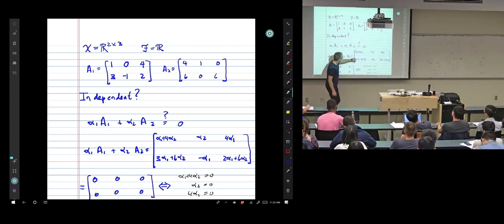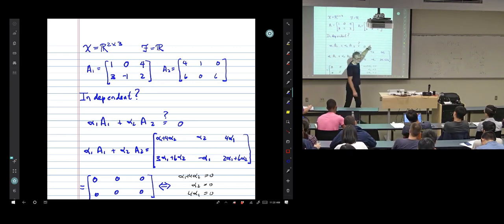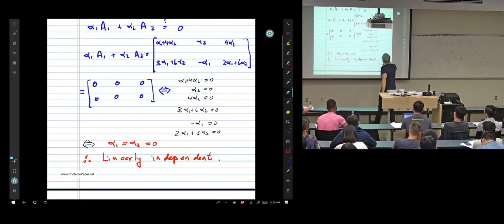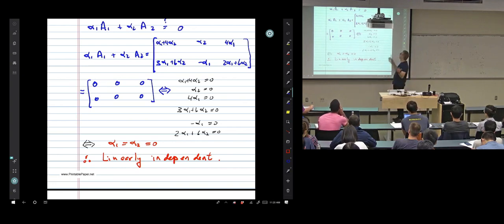You have all of these equations, and the number of unknowns is the number of vectors. All of these equations have to be satisfied. Well, I cheated and put 0 in some key places, so I get alpha 1 equals 0, and alpha 2 equals 0, so they're independent.